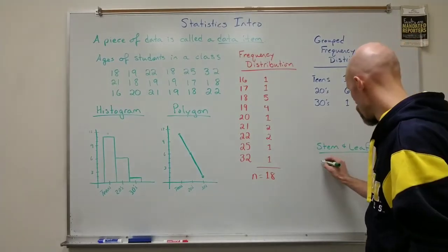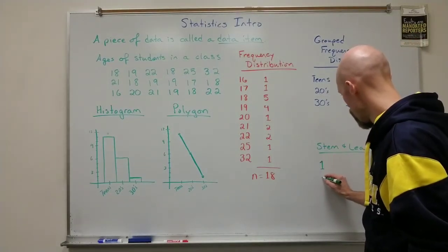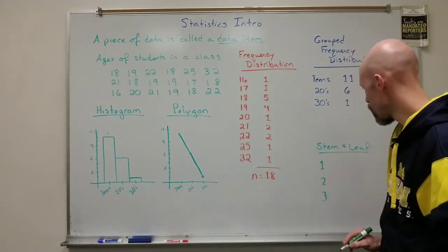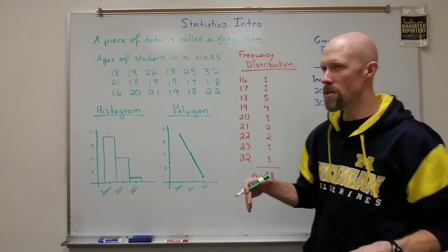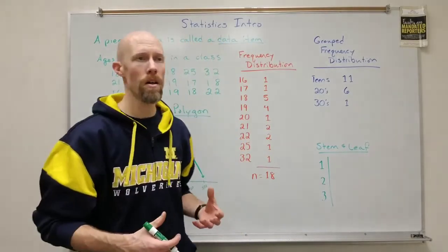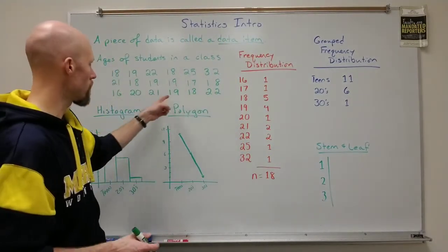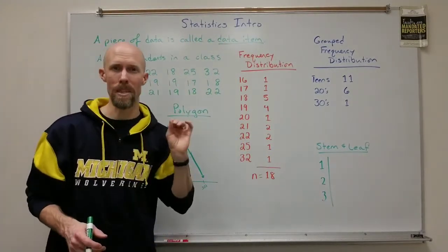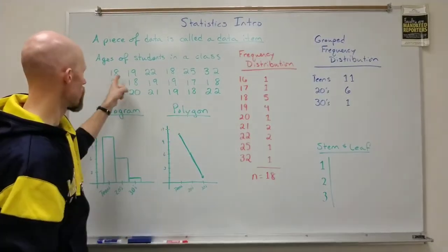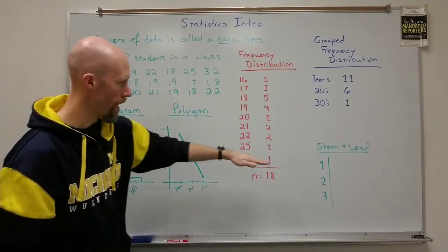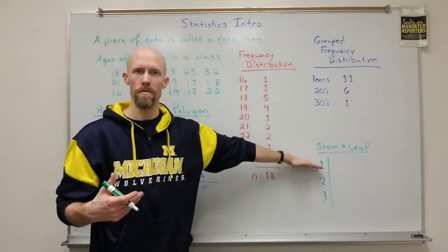And so you have stems of 1, 2, and 3. And then for the leaf, you list off all of the data items, not the values, but the items themselves, individual ones. You can repeat. You list off all of the items that have a 1 as its tens place.